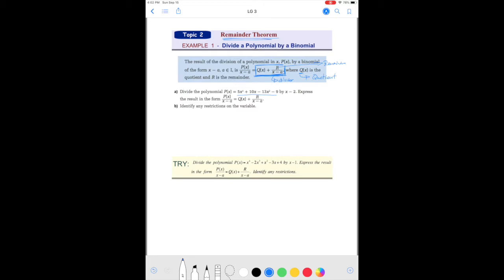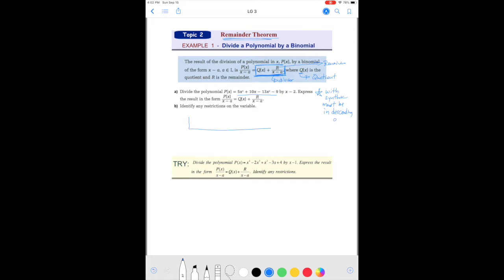All right, so I'm going to use synthetic, and I just prefer it. So here we go, let's draw the big L. Now put the coefficients. We have to check to make sure it's in order here. A really big star here with synthetic: it must be in descending order.